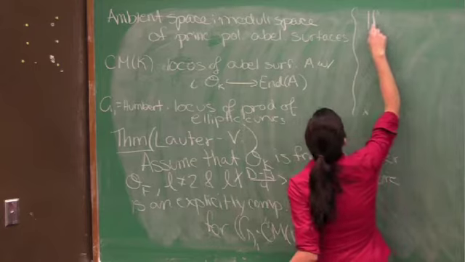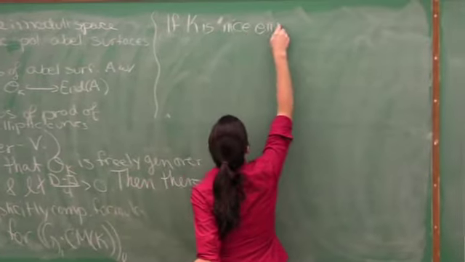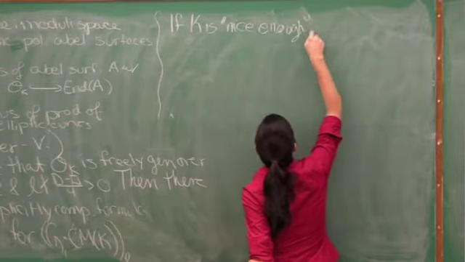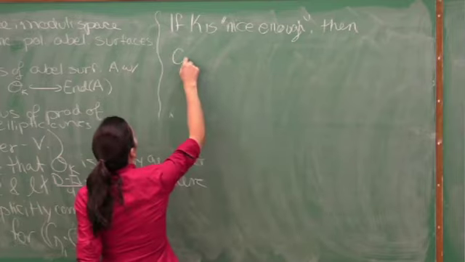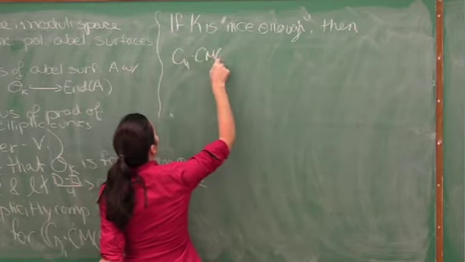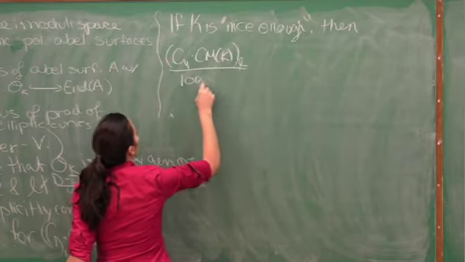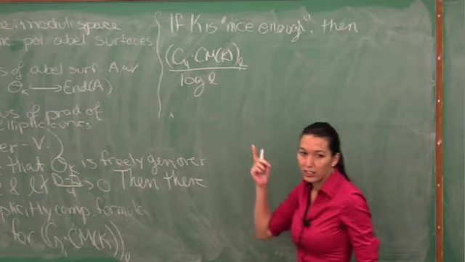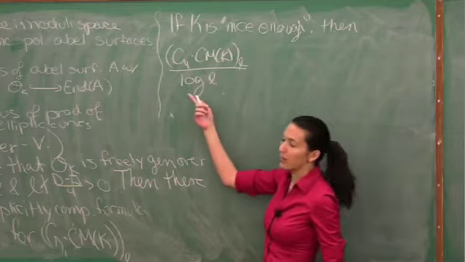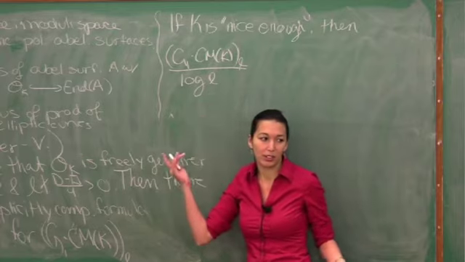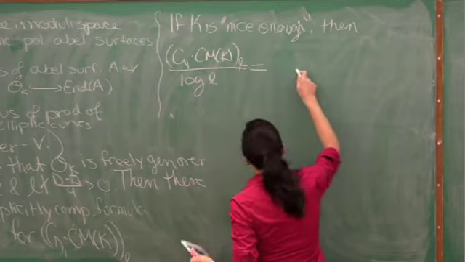So if k is nice enough, so in simple cases, then this G1 of Cm of k, the L part. So usually when you write these intersection numbers, you write them as a sum over all primes L, and then you weight them by log of L just to say which is coming from what. So this is really just the number counting what I said. So we have 1/2.